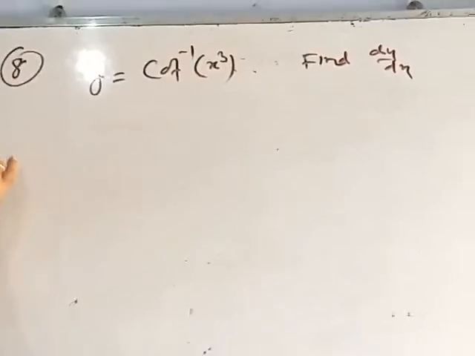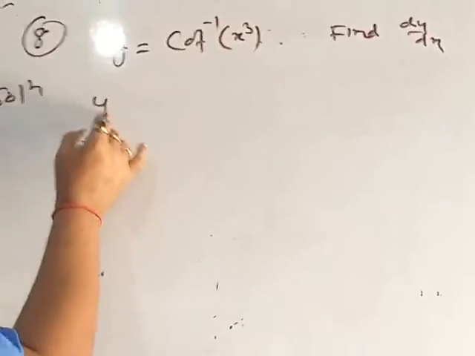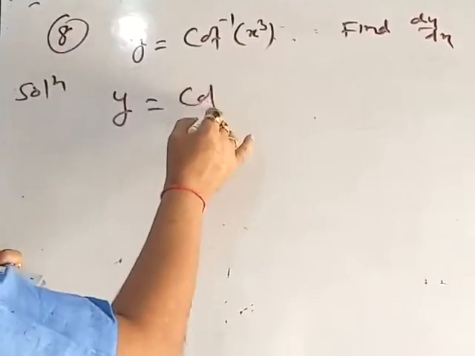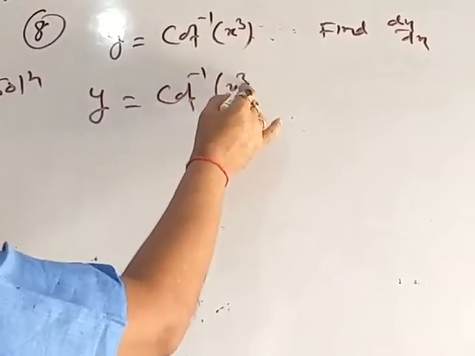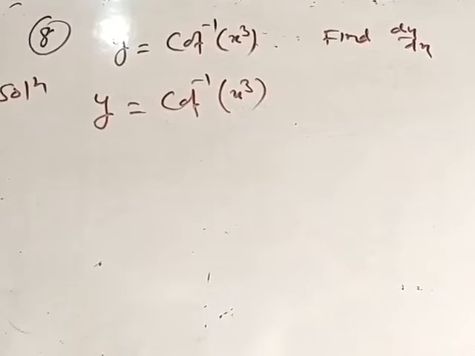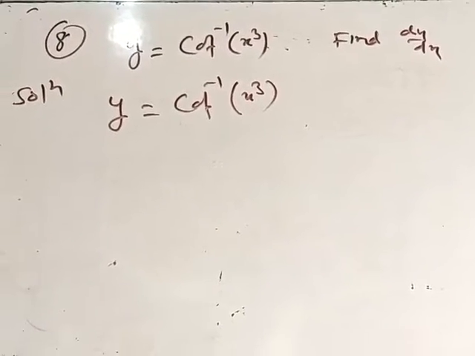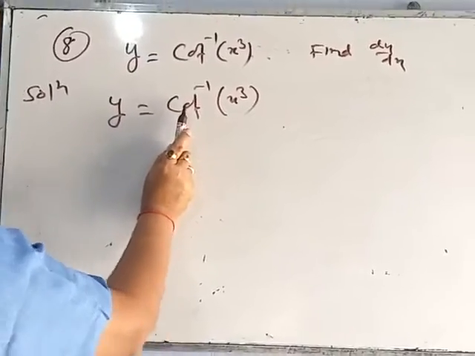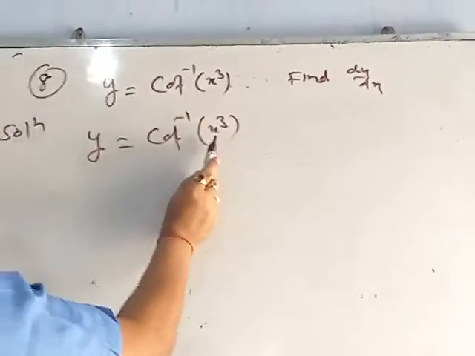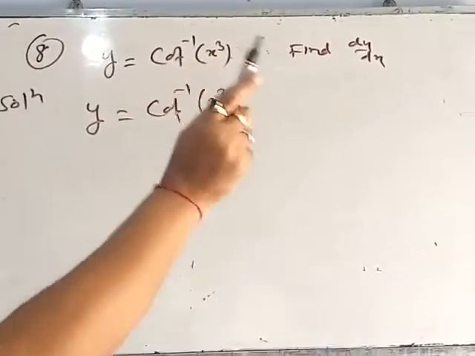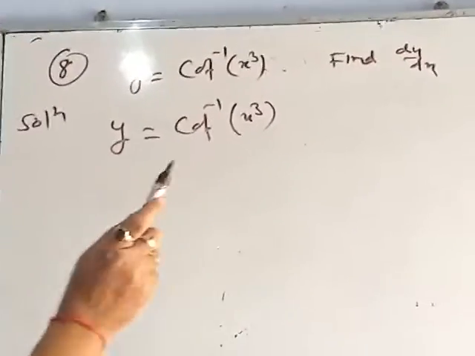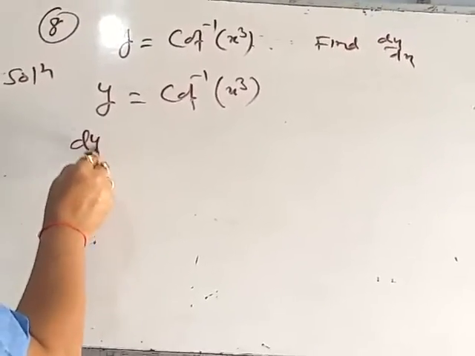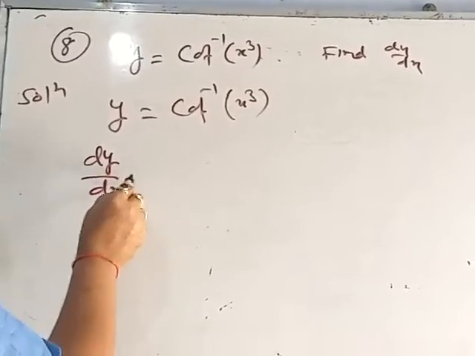So, solution, students: y equals cot inverse x cube. Now, students, you see it is very necessary to note that y depends upon cot inverse, cot inverse depends on x cube, and x cube depends upon x. So apply the chain rule.